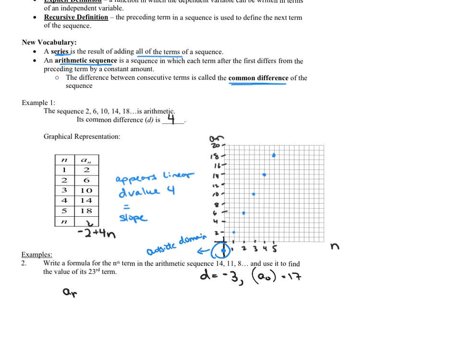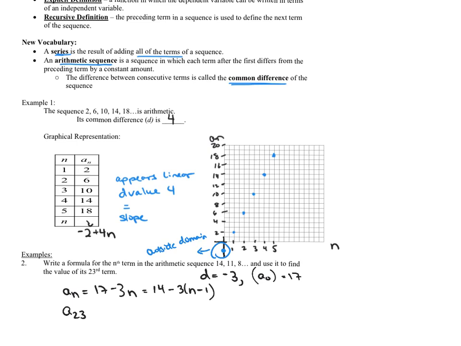So we can say that a sub n is equal to 17 minus 3n. Or if we wanted to start with the 14, then we would just have to subtract 1 from our n value, so that when we put in 1, we start with the 14. So either of these work here.